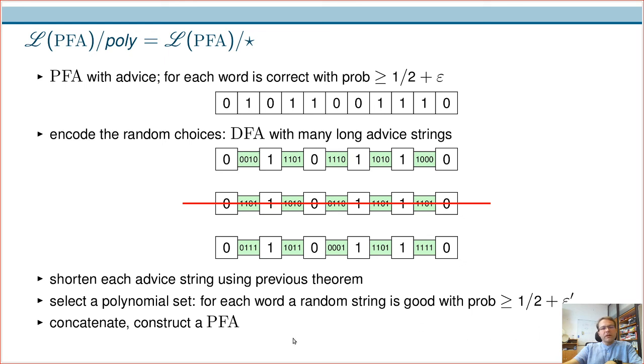So we will have advice of polynomial size, and this probabilistic automaton just goes over the advice string and picks at random one of these advice strings and simulates the deterministic machine with this particular advice, and so we have acceptance probability 1/2 plus a slightly smaller epsilon, but still okay.